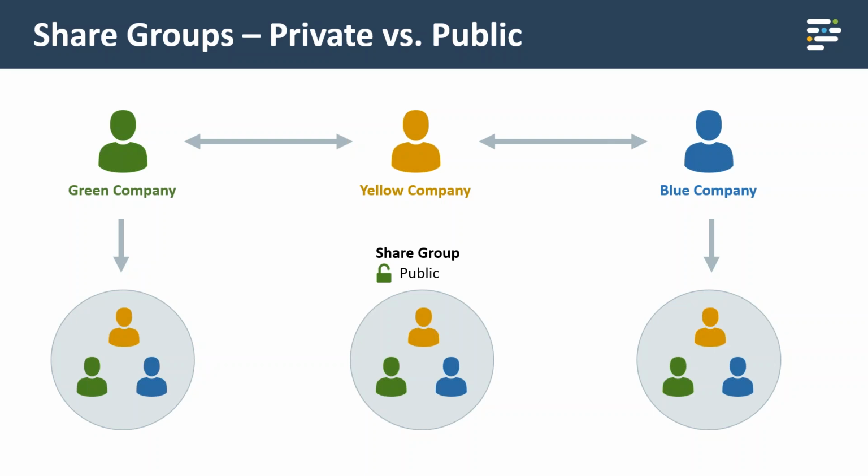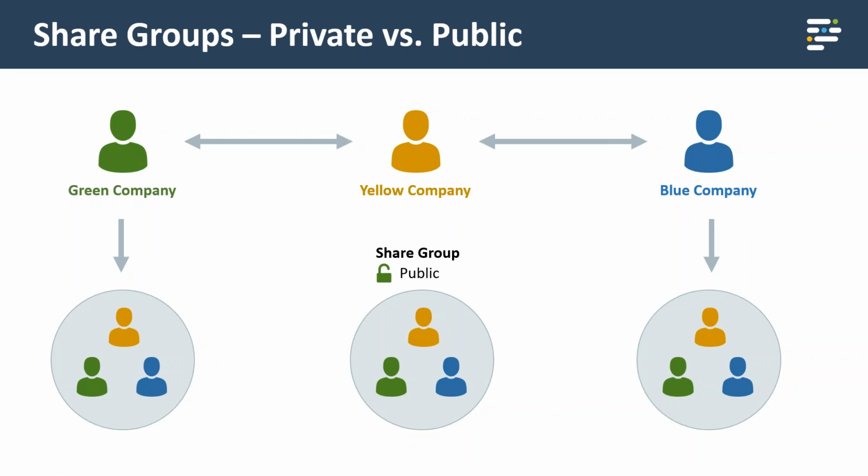You will notice here that even though the green company and the blue company do not have a direct connection, they can both use a share group that has users from that other company in it. So over here, if the blue company on the right-hand side shares to this share group, they are actually sharing to potentially a green user, even though there's no connection between them.